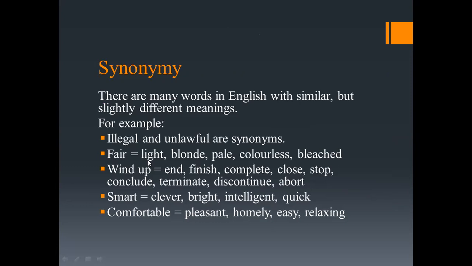And then we have synonymy. Synonymy means there are many words in English with similar but slightly different meanings. For example, illegal and unlawful are synonyms.